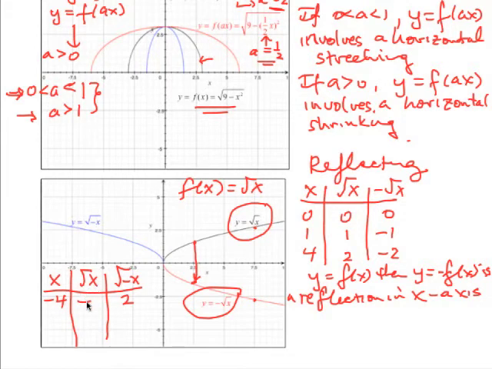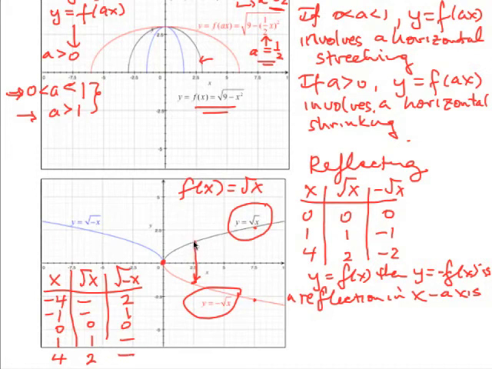Because the square root of -4 I can't do, but the square root of the negative of -4 is the square root of +4, which is 2. And if I do -1, I don't get a value for this, but I certainly get a 1 here. If I get a 0, of course I get a 0 and a 0. So that's this point here. If I use a 1, then I get a 1 here, but I don't get a value here. If I do a 4 here, I get a 2 here, but no value here.